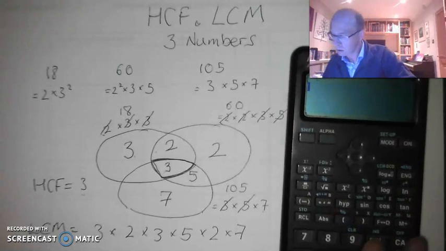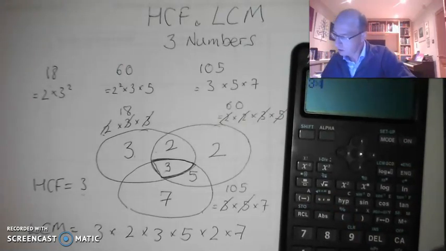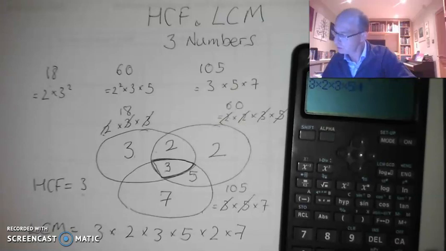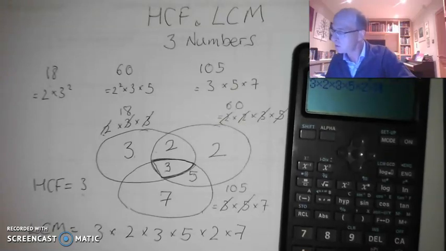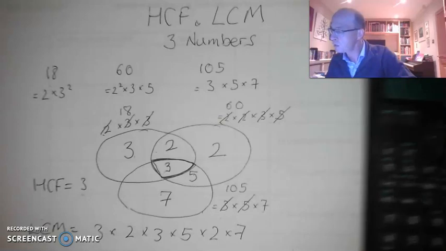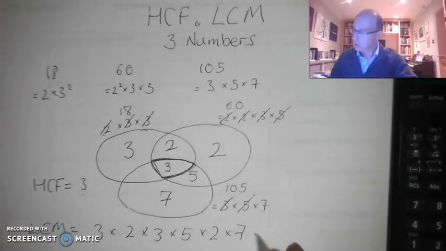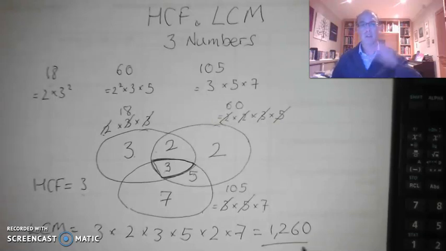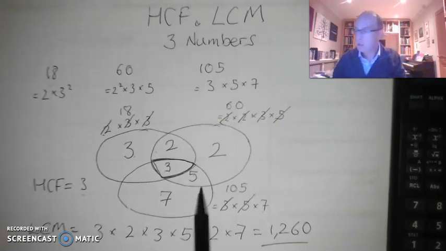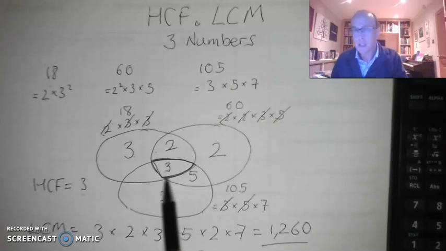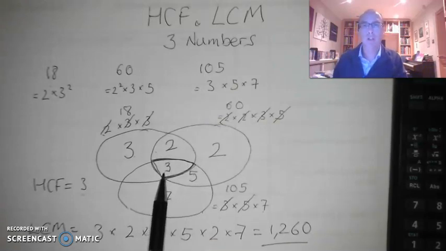So what have we got? We've got 3 times 2 times 3 times 5 times 2 times 7, and I get 1260.